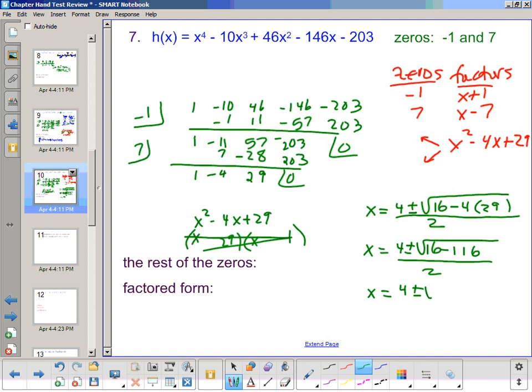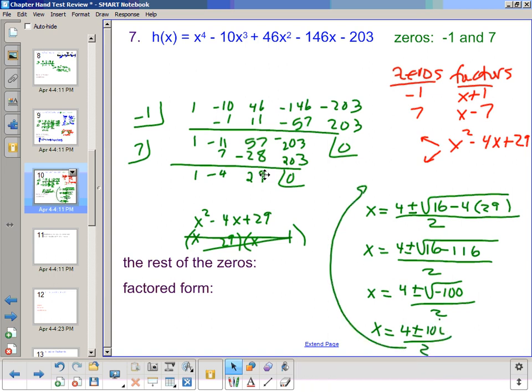So x equals minus 4 plus or minus the square root of negative 100 all over 2. So x equals minus 4 plus or minus 10i all over 2, which reduces to minus 2 plus 5i and minus 2 minus 5i. There you go. I filled up the time for this. I'm going to shut this off and we'll continue and we'll finish the review. Thank you.